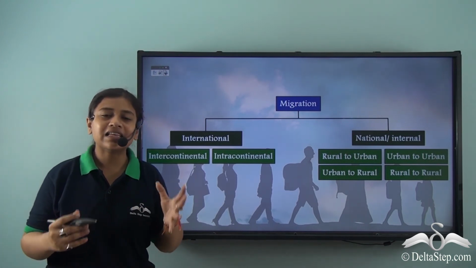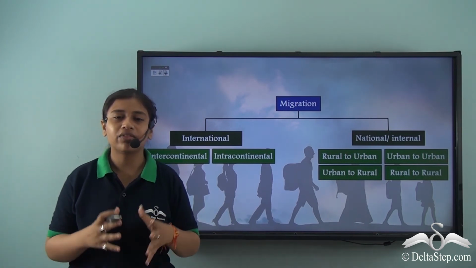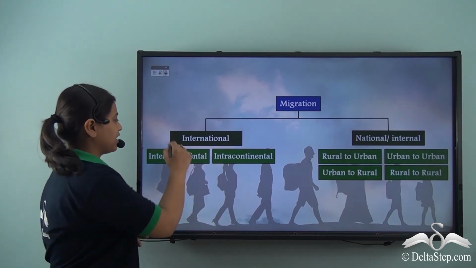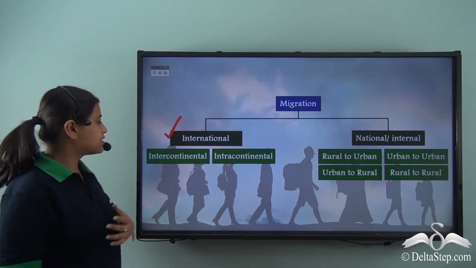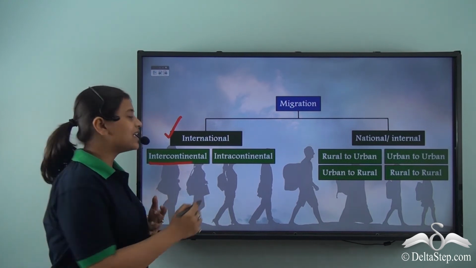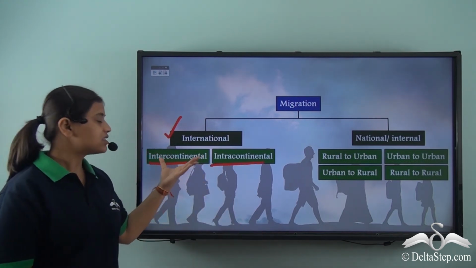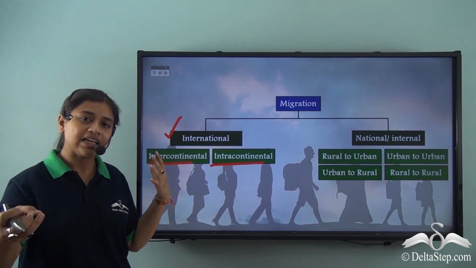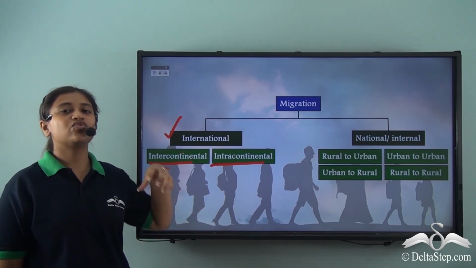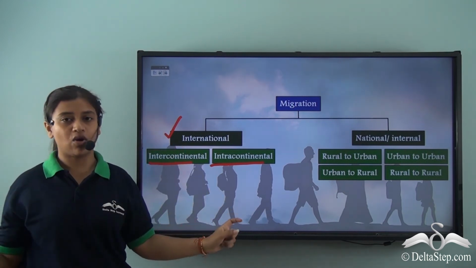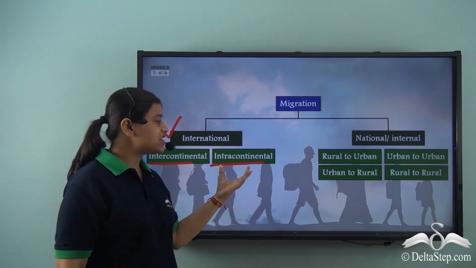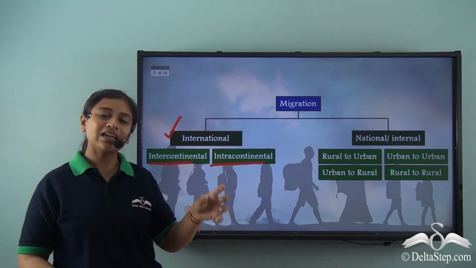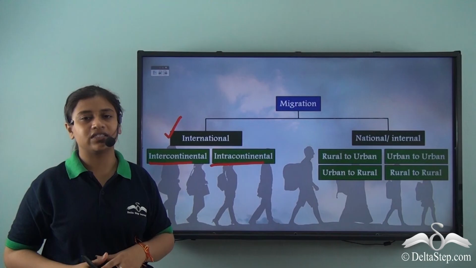So in this lesson, we learned about the types of migration, where we started with international migration. It has 2 types, intercontinental and intracontinental. Intercontinental is a type of migration in which people migrate from one country to another of 2 separate continents, while in intracontinental migration, people tend to migrate from one country to another of the same continent, right?